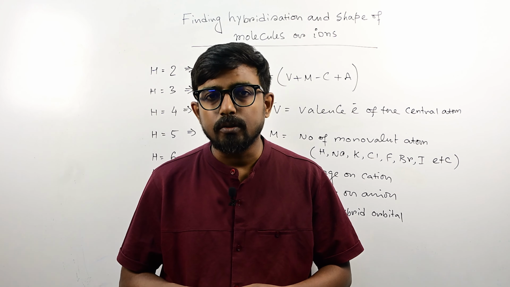Okay. Next we will find the hybridization of ClF3. Here H equals half, the valence electron of chlorine is 7 plus the number of monovalent atoms, that is 3, so H will be equal to 5. Now if it is 5, we have 2 special structures, H equals 5 TBP, trigonal bipyramidal, and second one H equals 7, pentagonal bipyramidal.